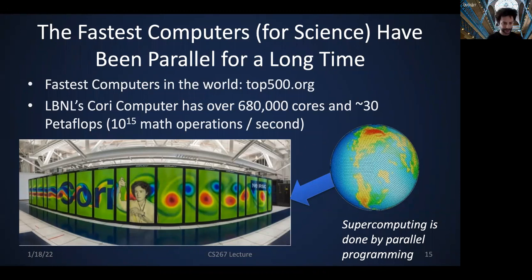So let's talk about some realities, which is that the fastest computers, at least the ones that we know and that are publicly available, have been parallel for a long time, and we believe the ones that are not publicly available are also parallel, right? There's a ranking system called Top 500, which I think started in the late 80s. So you do the math, 35 years, about that much.